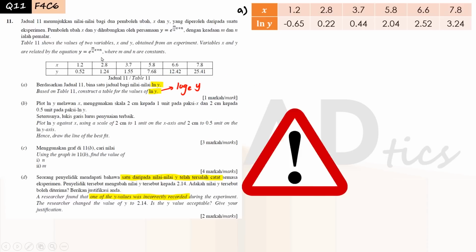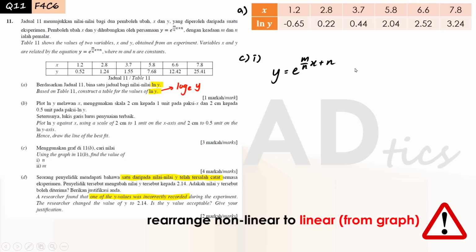So what we are going to do is transform this non-linear equation to the linear form, which is y equals mx plus c. For our big Y and big X, we are going to use the axes from our graph. So our big Y would be ln y and our big X would be small x.